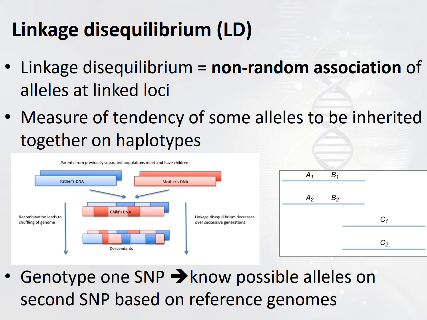Linkage disequilibrium is a non-random association of loci due to very close location on the chromosome, where the rate of recombination is actually quite low. So when certain SNPs, two or three SNPs, are correlated, they are said to be in linkage disequilibrium. Basically, linkage disequilibrium is the measure of the tendency of some alleles to be transmitted together in generations as haplotypes.